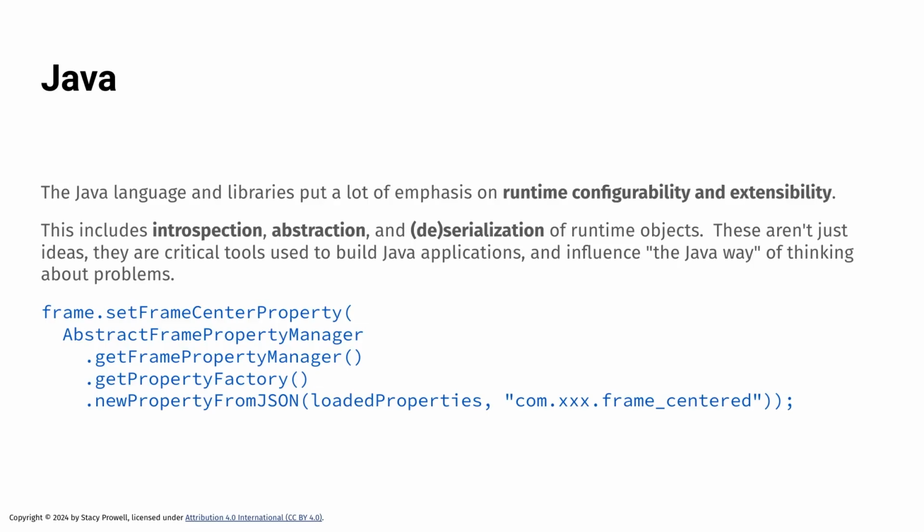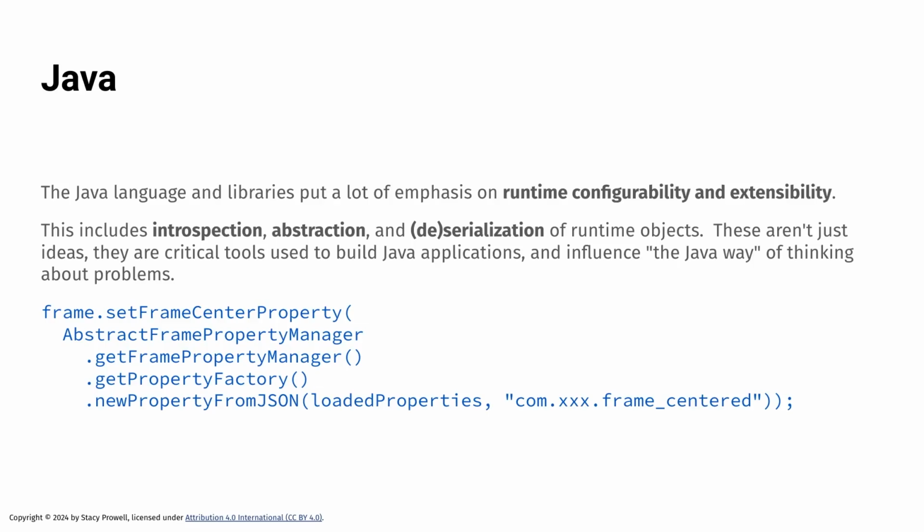Java. For example, here's a little snippet of a piece of Java code that I dug around and found. So here you have frame, whatever that may be, and we're setting its center property. And we go to the abstract frame property manager. We get the frame property manager. We get the property factory, and then we create a new property from, in this case, some JSON.